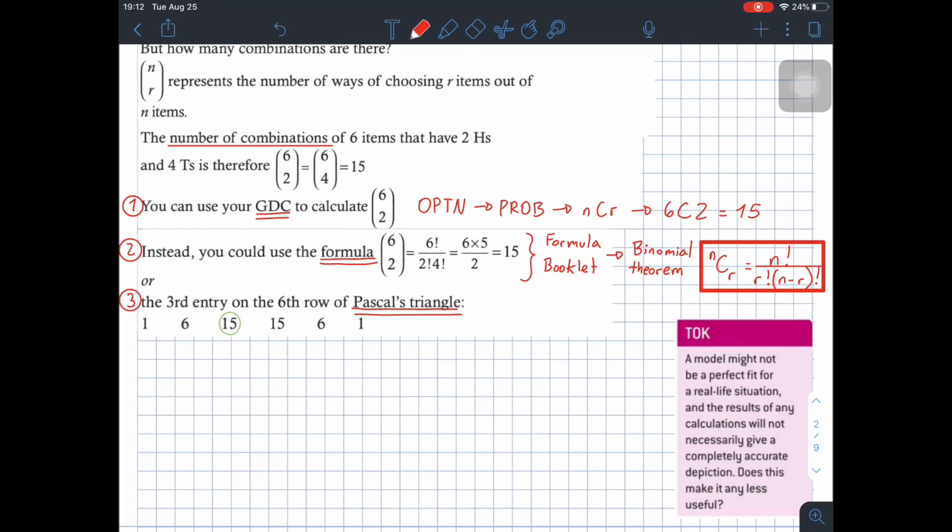So 6 factorial, let me do this here, for you to understand where this comes from. 6 factorial is 6 times 5 times 4 times 3 times 2 times 1, right? And this is being divided by 2 factorial and by 4 factorial. So 2 factorial is 2 times 1, and 4 factorial is 4 times 3 times 2 times 1.